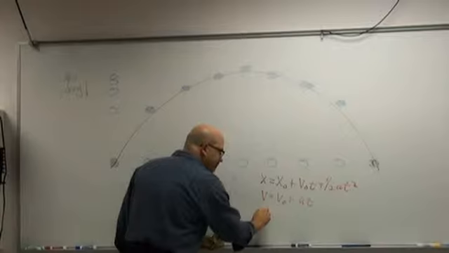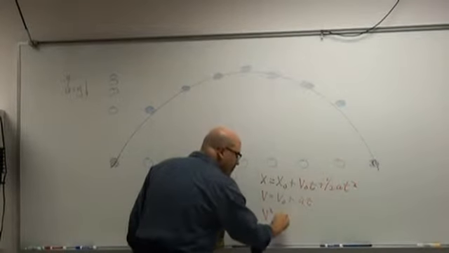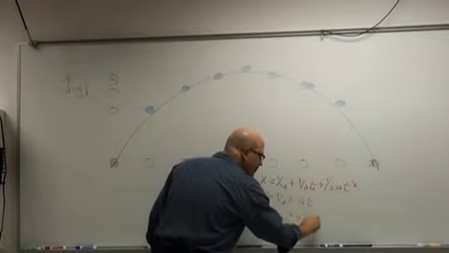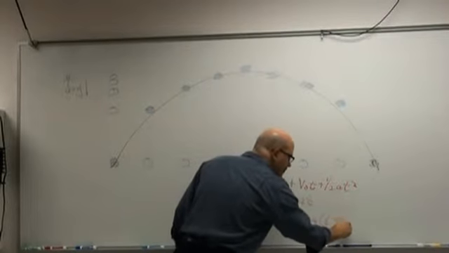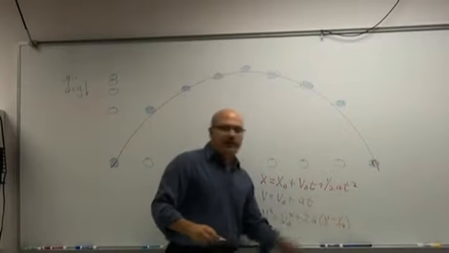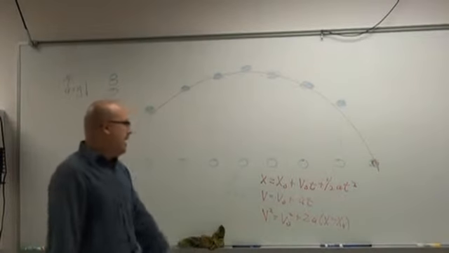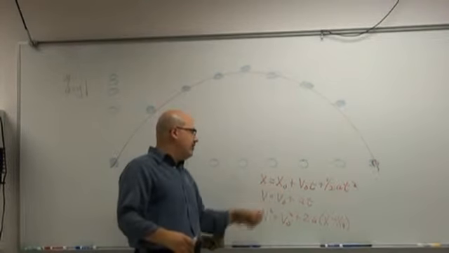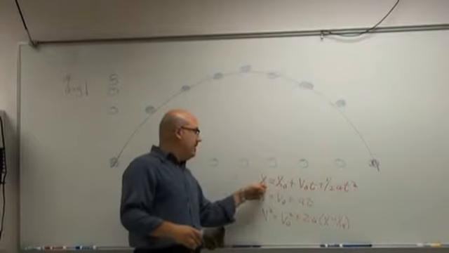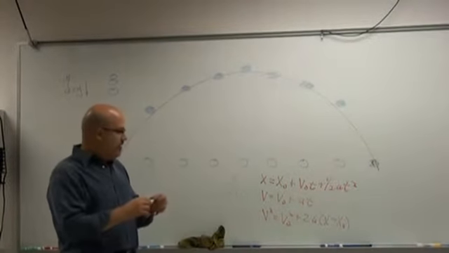And what's our last one? v squared equals v naught squared plus 2a times (x minus x naught). Remember, x minus x naught is the distance, where x naught is the initial position and x is the final position. All right, so there we have it.